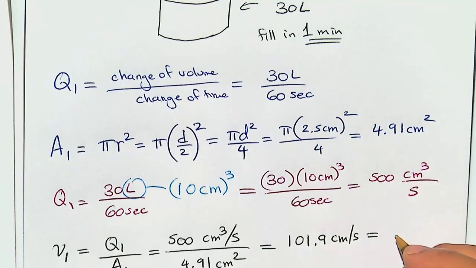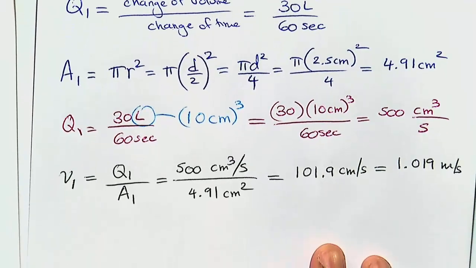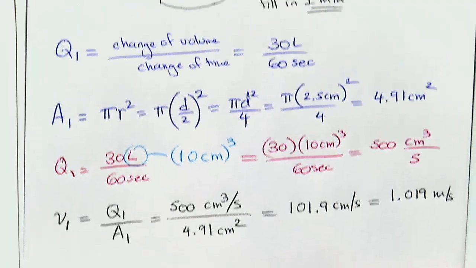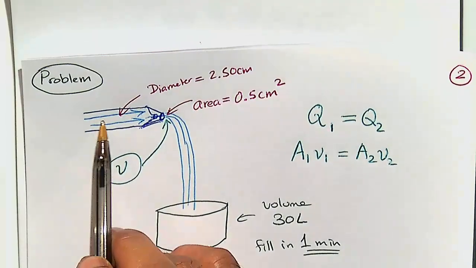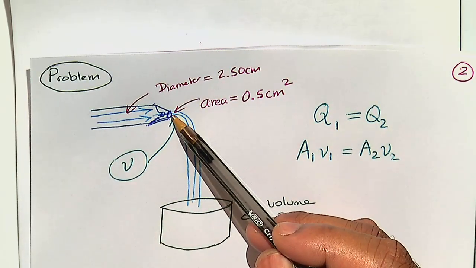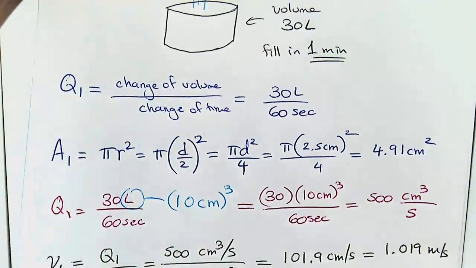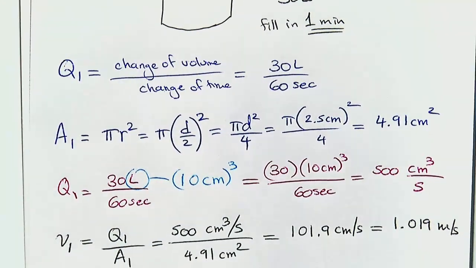And if you want it in meters per second, you can say 1.019 meters per second. We're still not done because we just figured out the velocity through this part of the hose. We're asked to find velocity right at the end, right where it's dripping into the bucket. So we need to figure out what velocity 2 is.